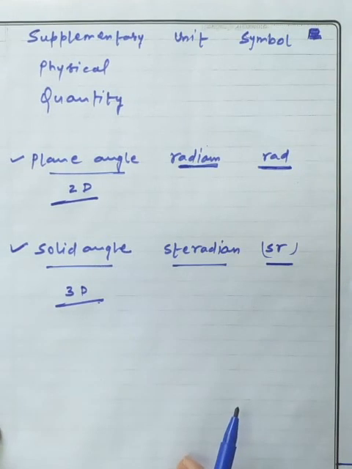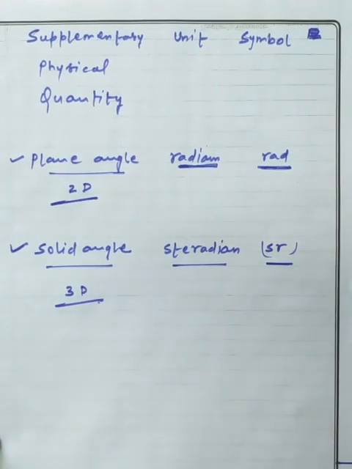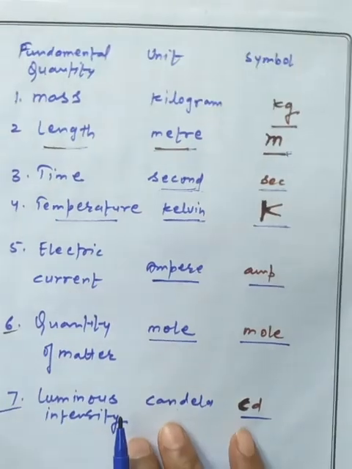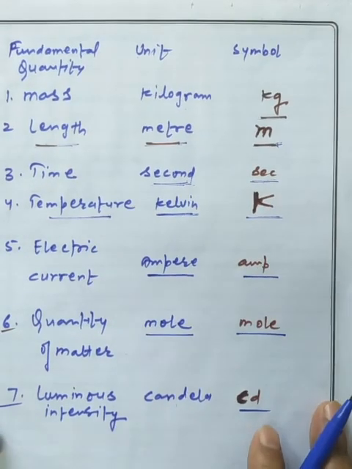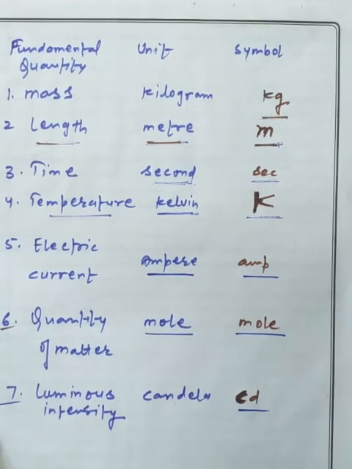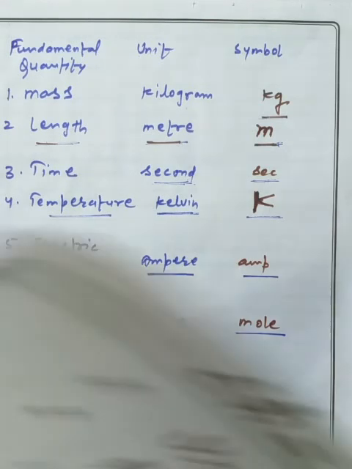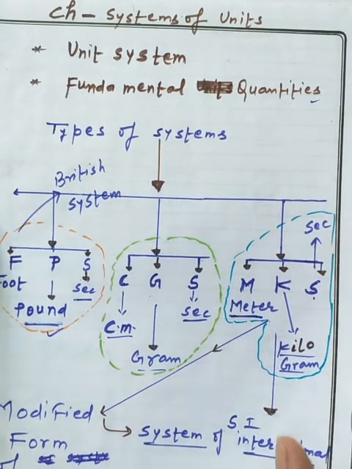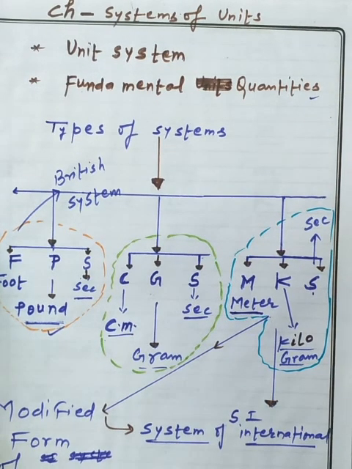In the NCERT books, the general definitions of these fundamental quantities are given. We should only read them, not cram them, because it's not easy to learn them; we only have to read them in a general way. So this is the basic explanation of the unit system and the fundamental quantities. Okay, thank you, students.